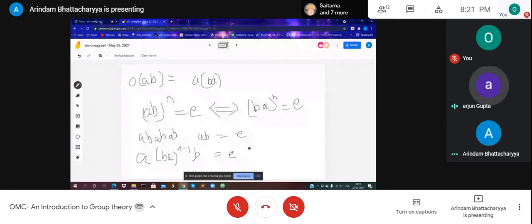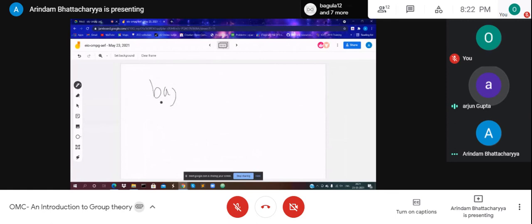First multiply on the left by A inverse and then on the right by B inverse. So that gives us that BA to the power n minus 1 is equal to A inverse B inverse.